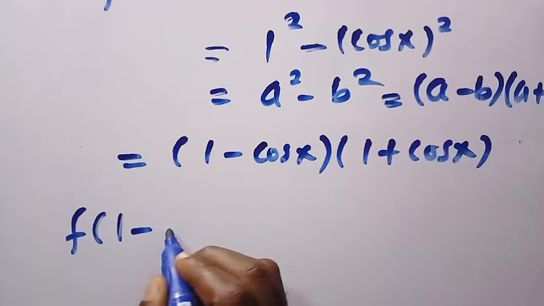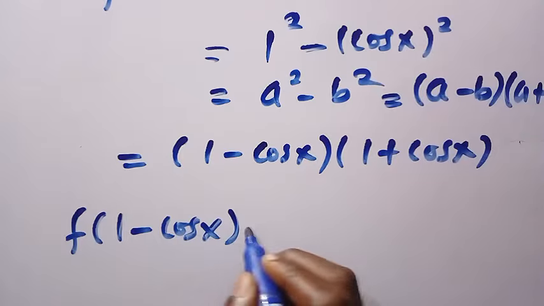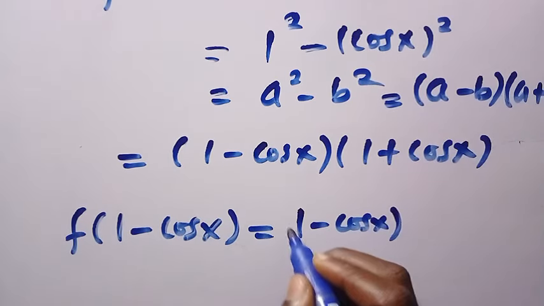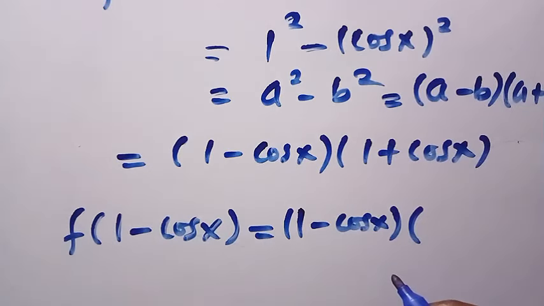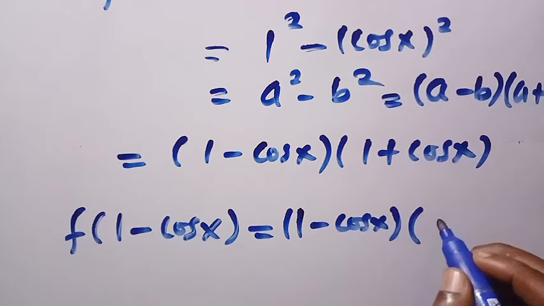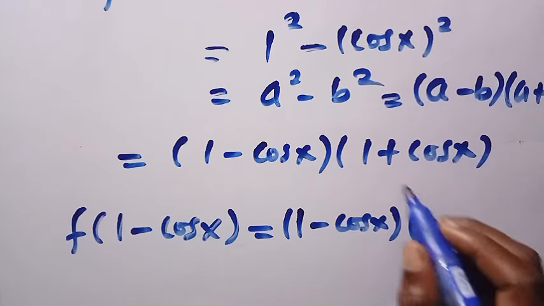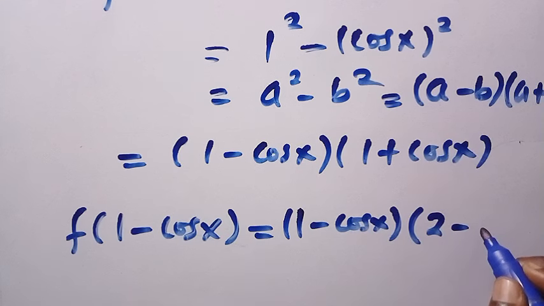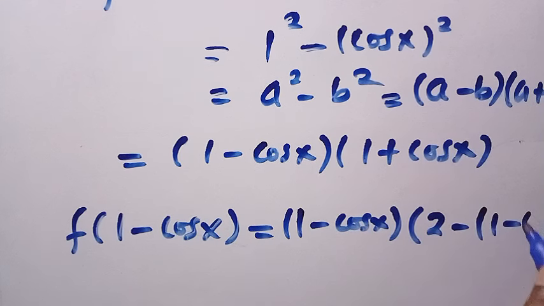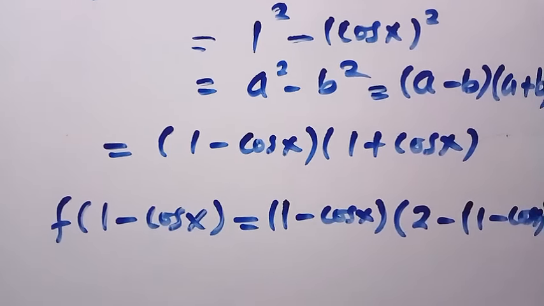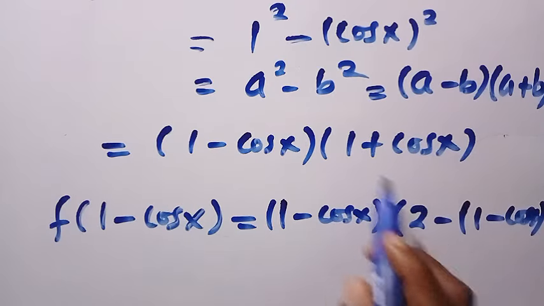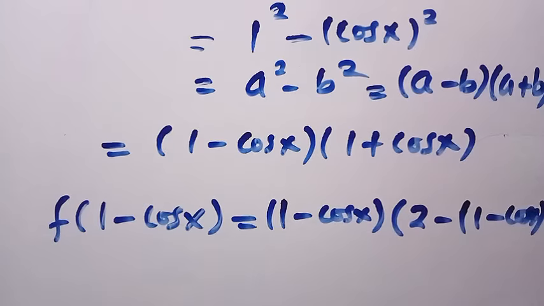By having 1 minus cos x equals 1 minus cos x, which is still the same here, but this one we have to change. Suppose I have this to be 2 minus open bracket 1 minus cos x. This is equal because it is minus 1 and 2 minus 1, that is plus 1, and minus times minus is plus.